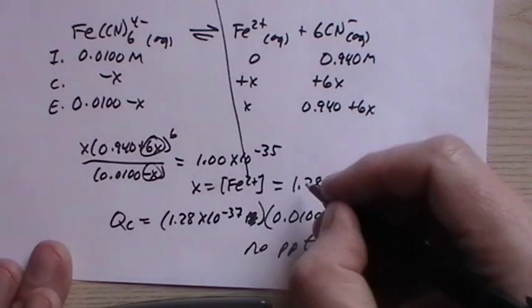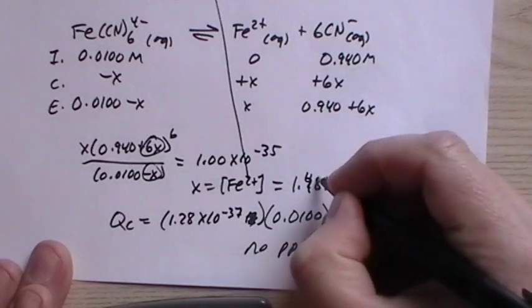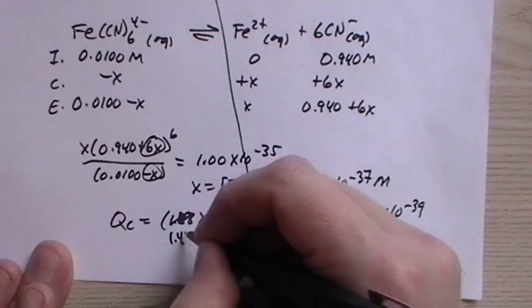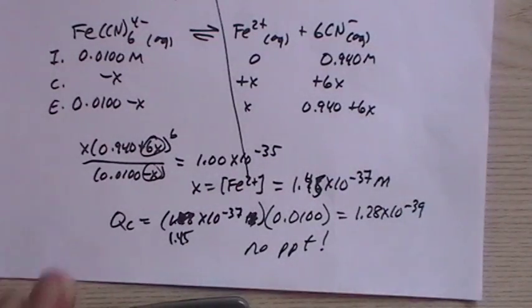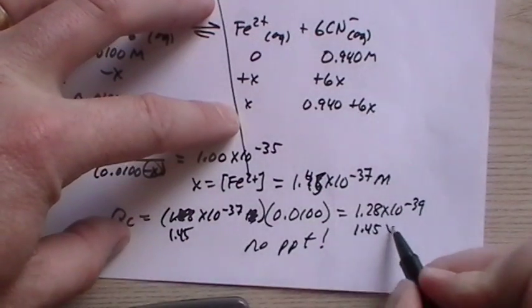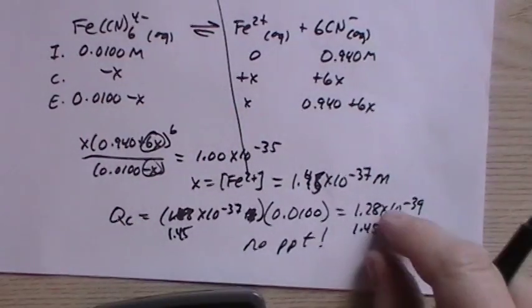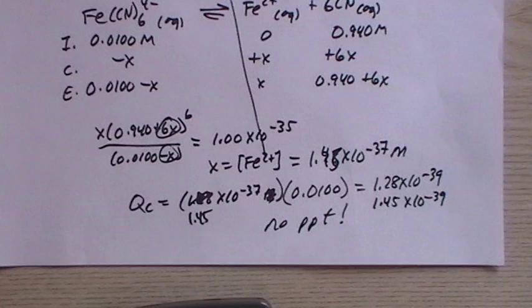And I get 1.45 is what I'm getting this time around. So this would be 1.45 times 10. It doesn't make any difference as far as the ultimate answer. Let me try it one more time. Something seemed off there when I was looking at it.